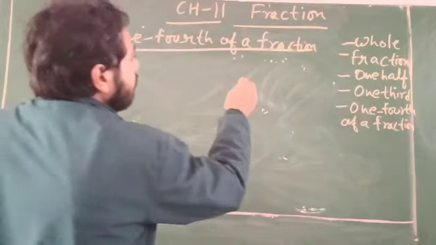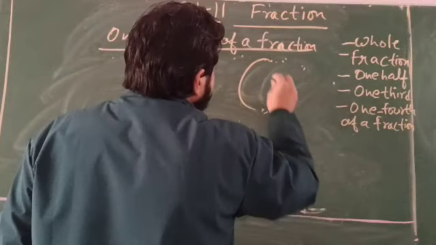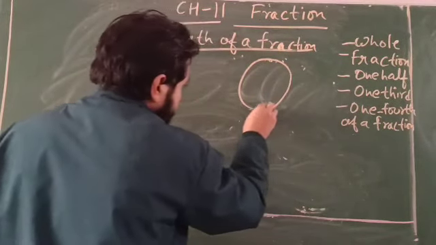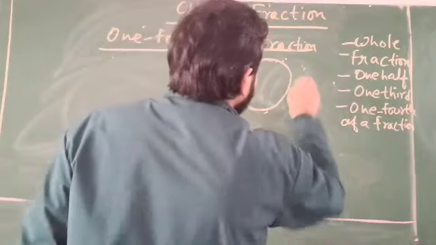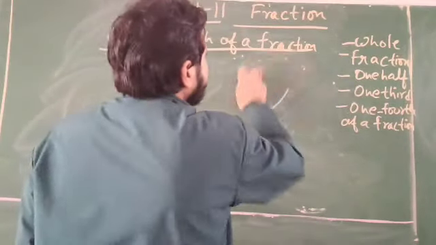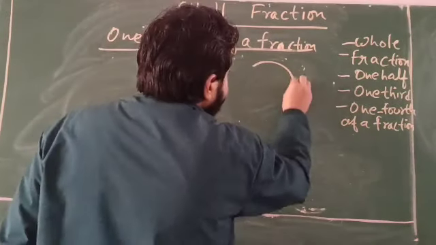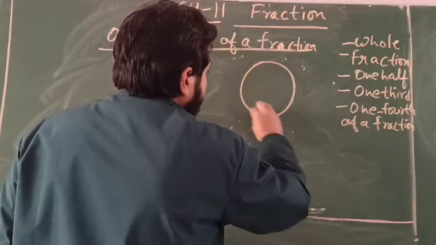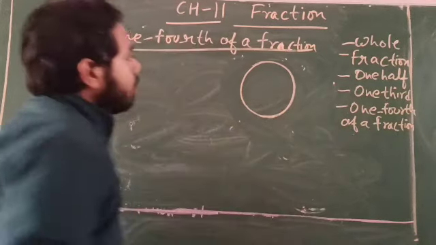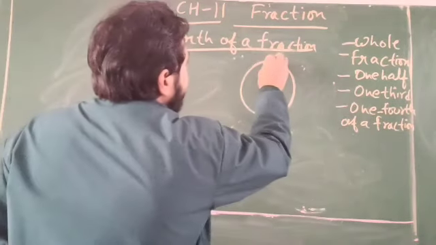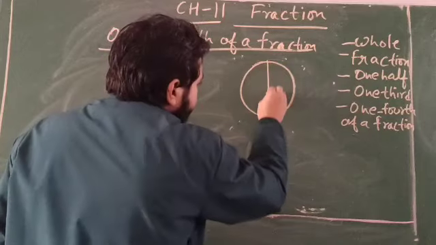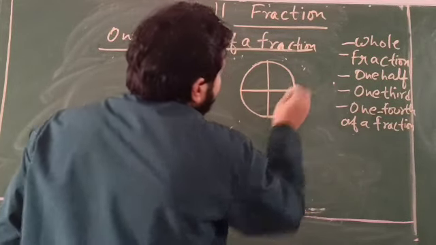Suppose that is a circle, and we have divided it into 4 equal parts.